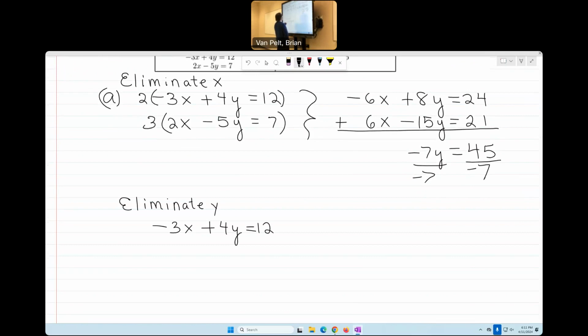And I have 2x minus 5y equals 7. Now, the y's are what I want to destroy. So what can I multiply each of the equations by to make it so you have a positive y and a negative y of the same amount? 5. You can use positive 4 and positive 5 because they already have different signs.